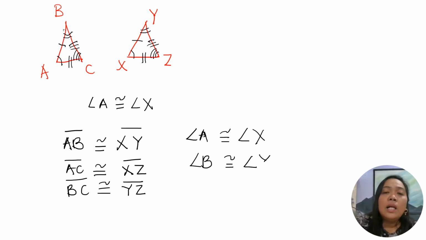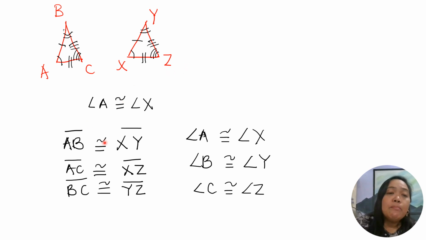That is angle Y. And the last angle is angle C, which also corresponds to angle Z of the other triangle. What have you noticed? Here, all three angles of triangle ABC are congruent to the corresponding angles of triangle XYZ.